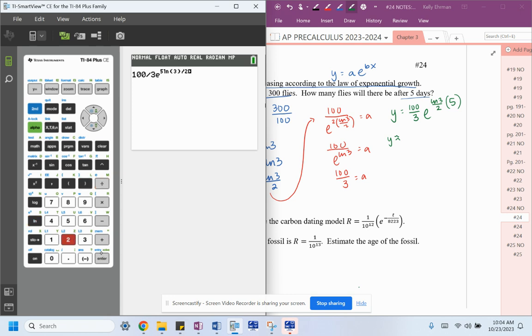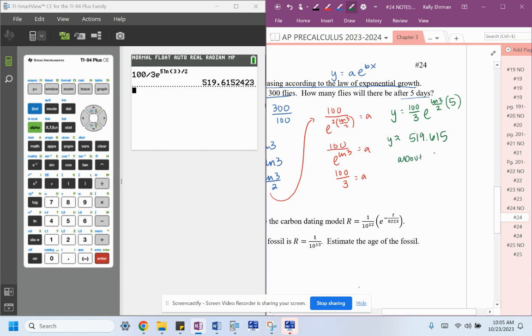It's probably the best way to type it. 519.615. Now we are talking about fruit flies, and I know the initial population here has a fraction of a fly in it, but we're just going to say about 520 flies. I like to always show the decimal, and if we're talking about people, animals, whatever, things that need to be whole numbers, then I round them up, but I keep both.